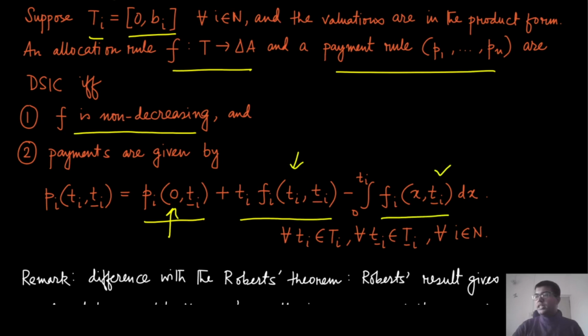Everywhere you are holding the types of the other players fixed. This defines the payment for player i, and it holds for all types of player i, all types of the other players, and for all players. So this is a necessary and sufficient condition: a mechanism giving both the allocation rule and the payment rule, if it has to be DSIC, must satisfy these properties, and these properties also imply that it is DSIC.